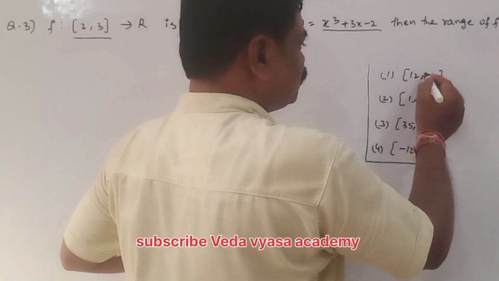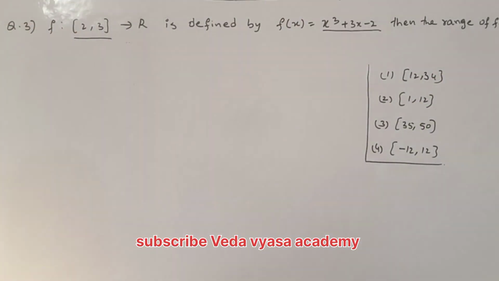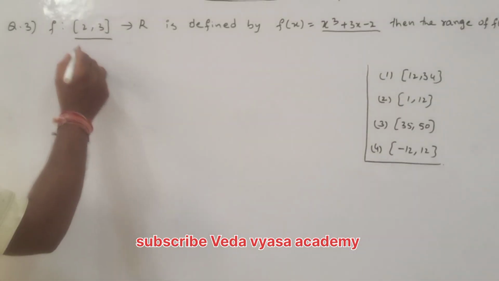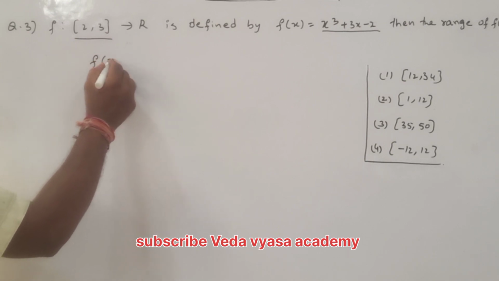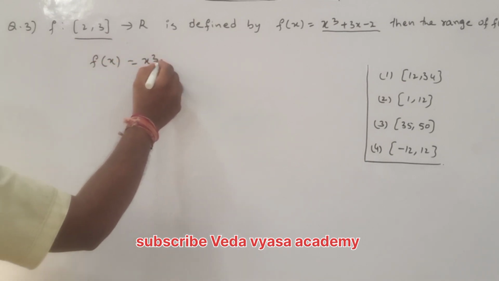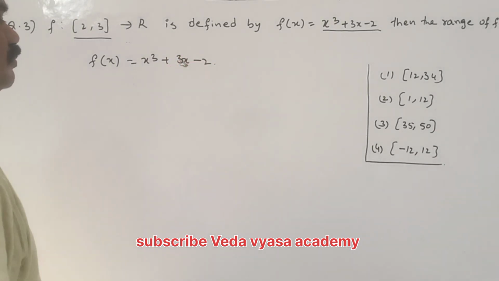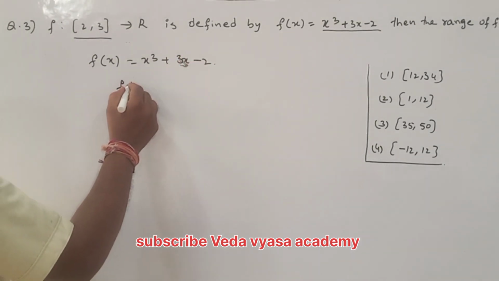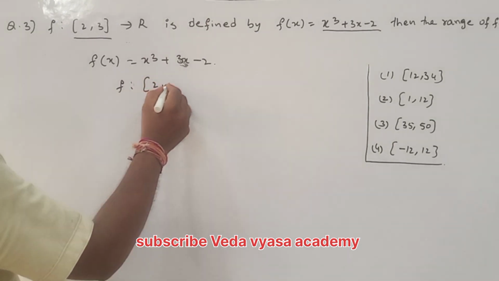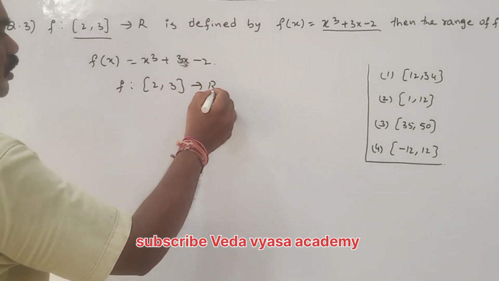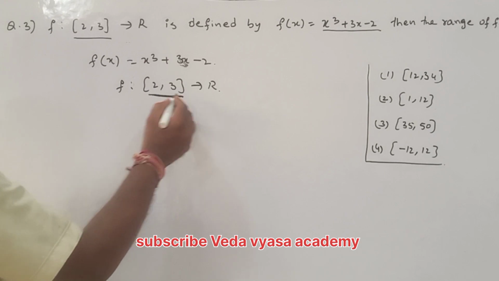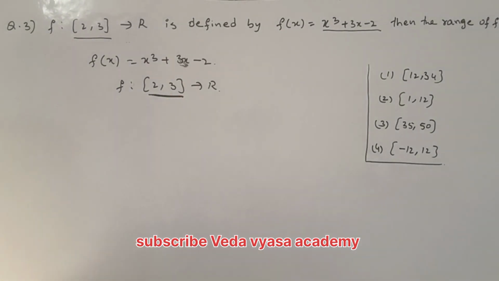So here the function is given, f of x is equal to x cube plus 3x minus 2. But here f is a function from the closed interval 2 to 3 to R, this is the domain of the function.